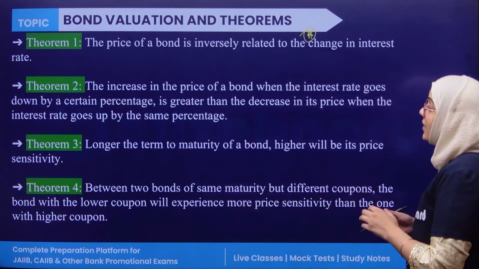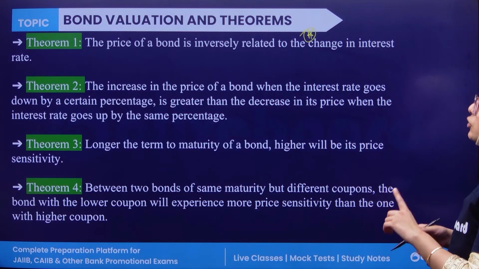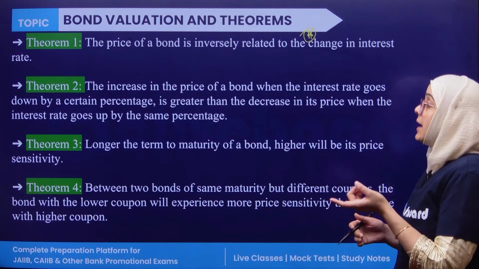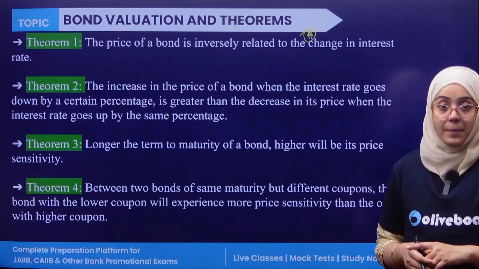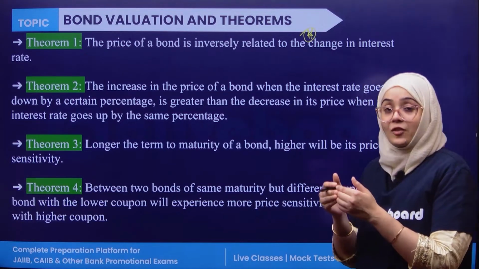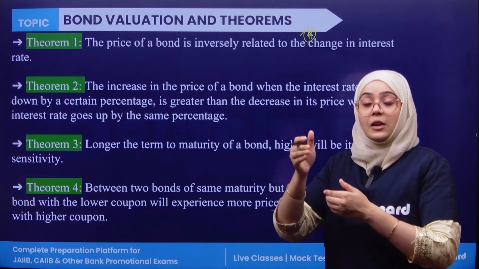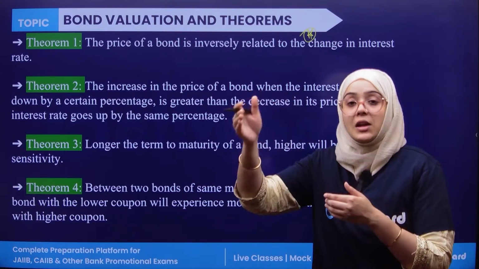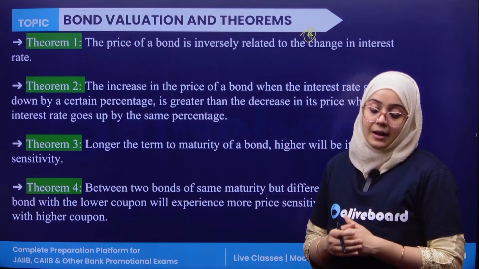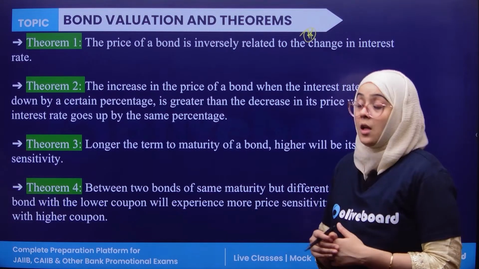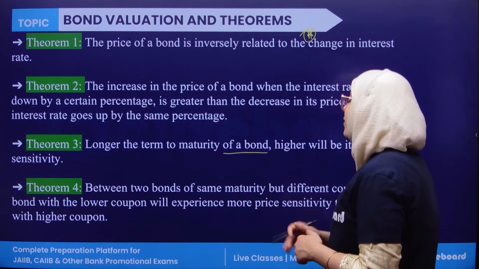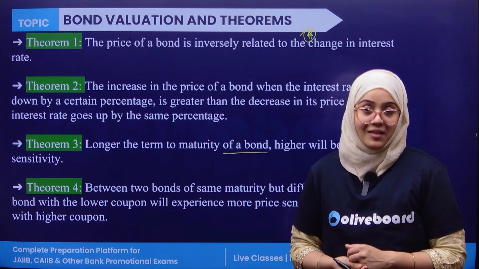Second, the increase in the bond price when the interest rate goes down by a certain percentage is always greater than the decrease in the price when the interest rate goes up by the same percentage. When there is a change in the price, always remember, the increase in the bond price is greater than the decrease in the bond price. Third, the longer the maturity of the bond, the higher its price sensitivity.